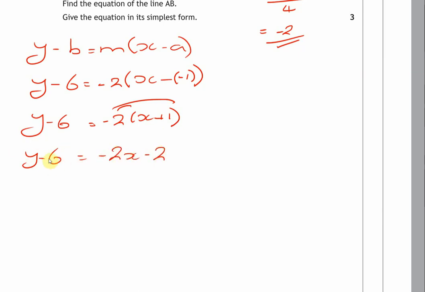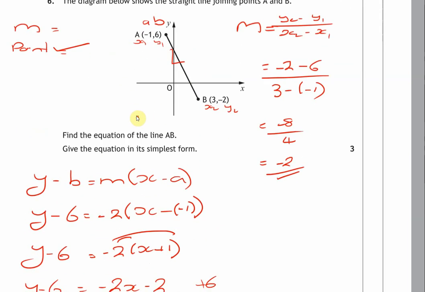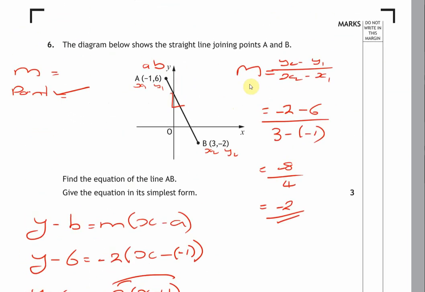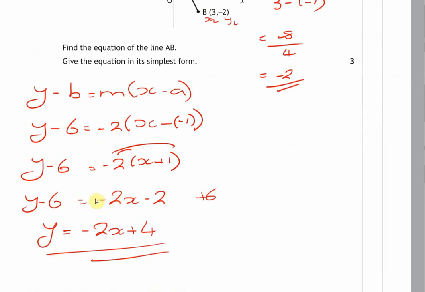We'll then bring this 6 across to the other side, so that means we're going to have to plus 6. So that'll be y equals minus 2x plus 4, because we'll have 6 take away 2, which is 4. And that is your equation of that straight line there. So again, 3 marks. We get a mark for the gradient, we get a mark for writing the equation, and we get a mark for the final answer.